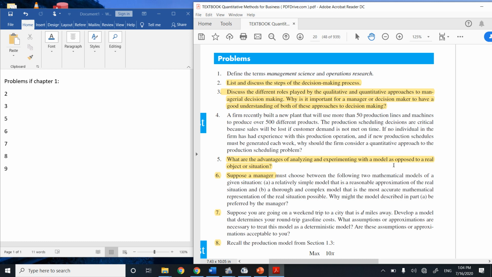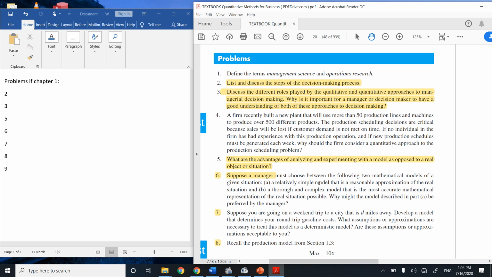Although the B model is more accurate, it is more complex. The thing is why A model can be preferred: because it's a simple model and it is simple to understand by the decision makers, and easier to solve.